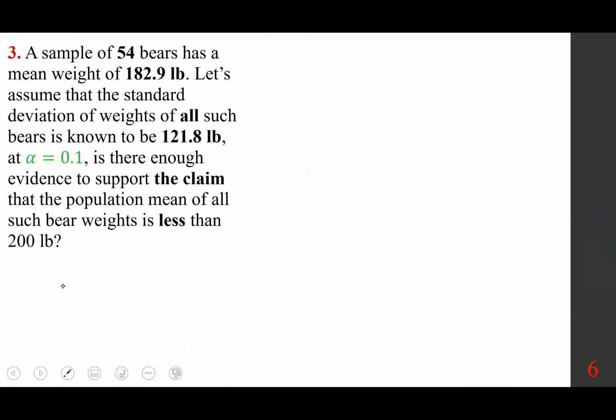Could somebody read this, please? All right. A sample of 54 bears has a mean weight of 182.9 pounds.